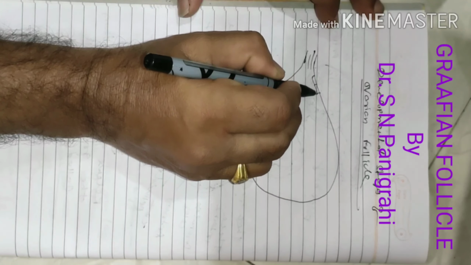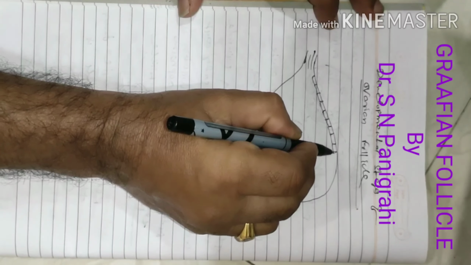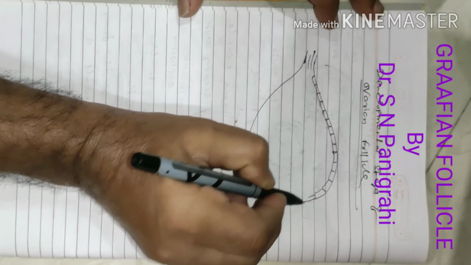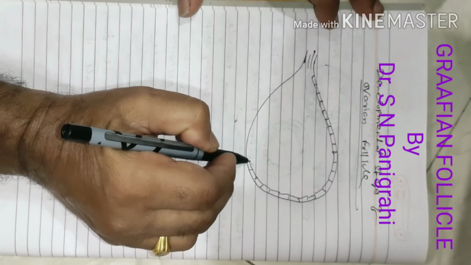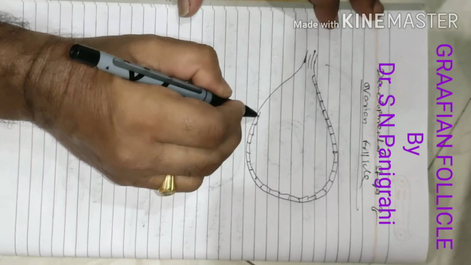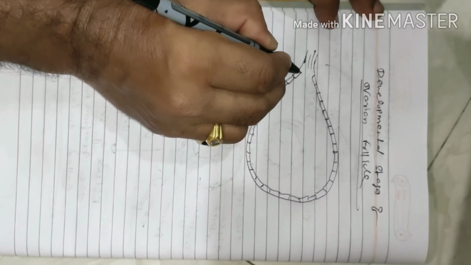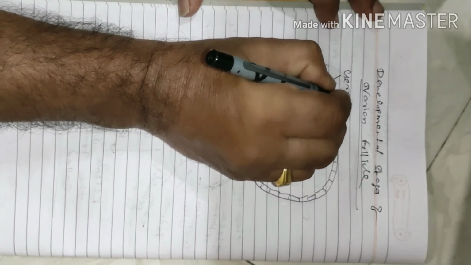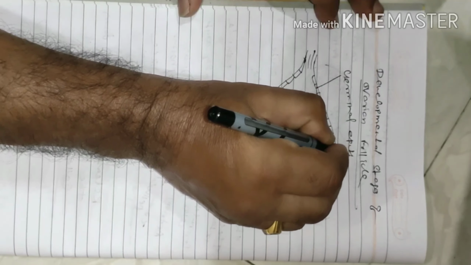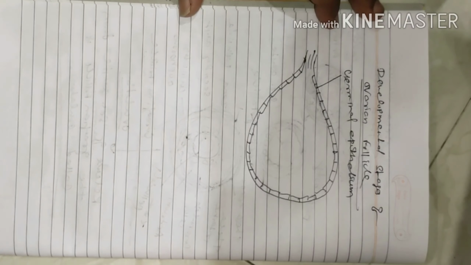Each ovary is lined by germinal epithelium composed of squamous and cuboidal cells.